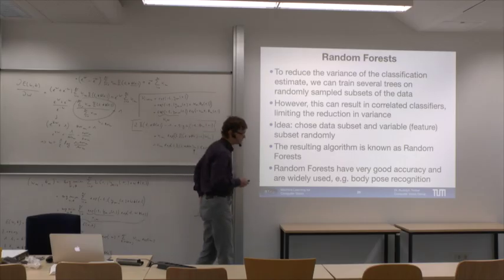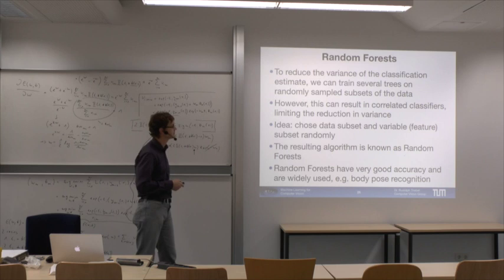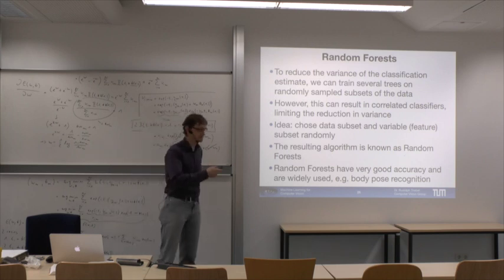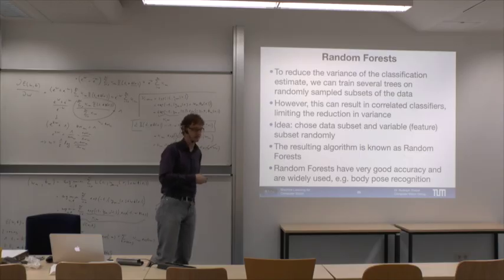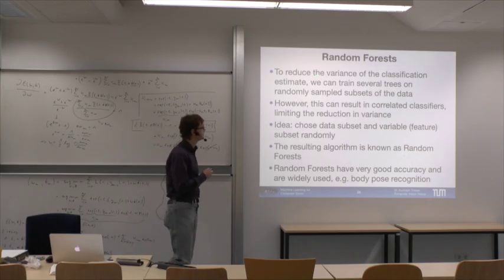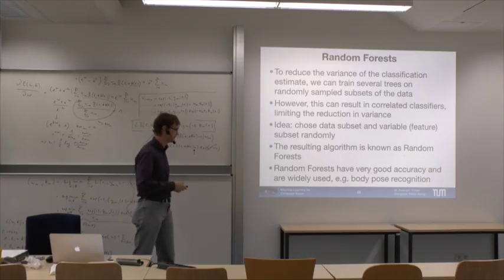One also important algorithm which is very popular nowadays is the random forests algorithm, and this is just another extension of that. It does not use a single tree; it uses a number of trees, and it also uses randomization. I'm not saying much more about this. There's something in the book about it.